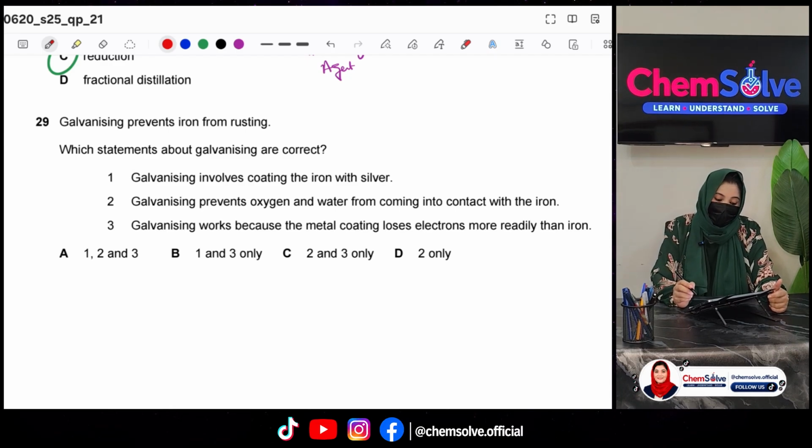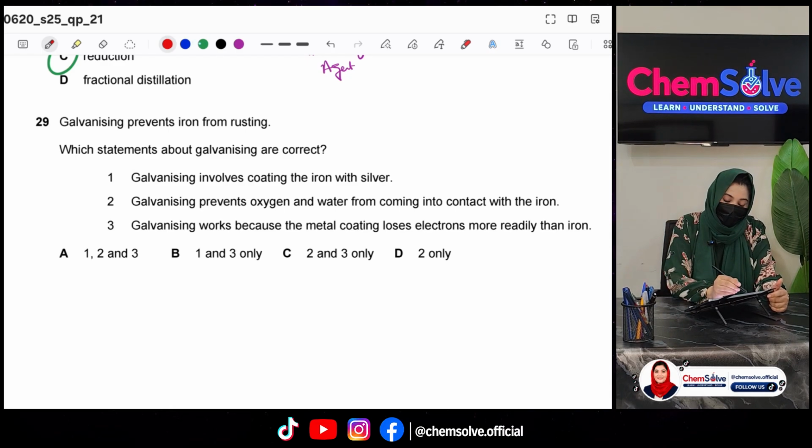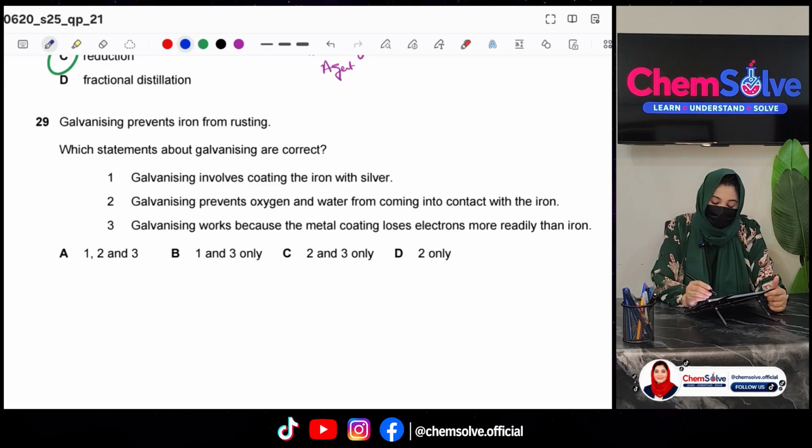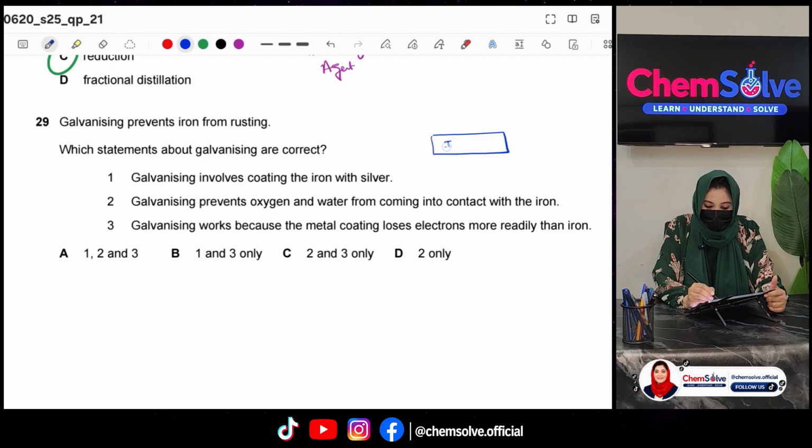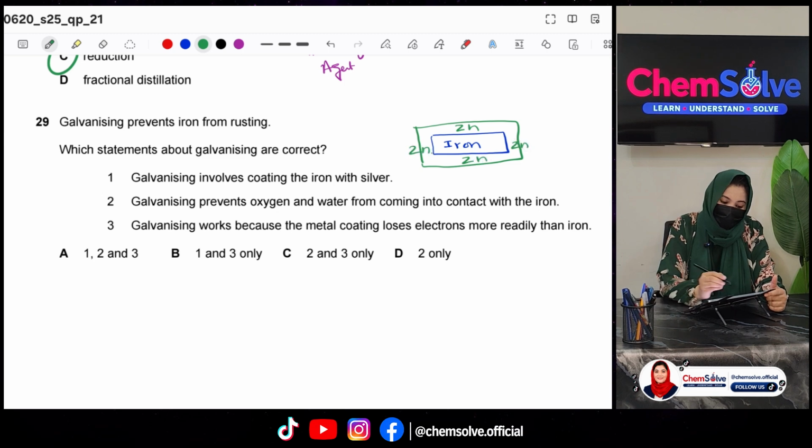Galvanizing protects iron from rusting. Okay, just see what happens in galvanizing. We have iron here and iron is being layered up with zinc. This is zinc, the green one.